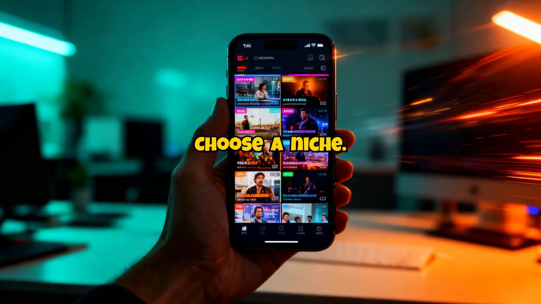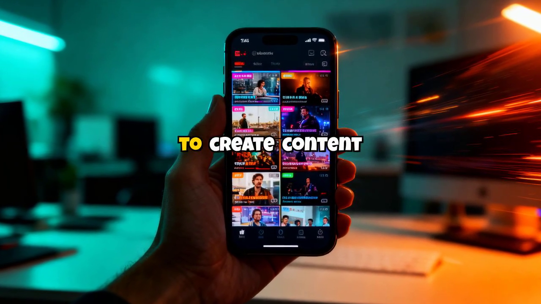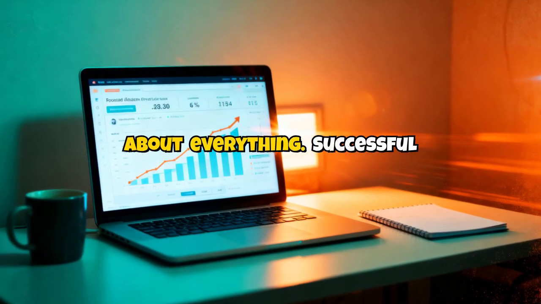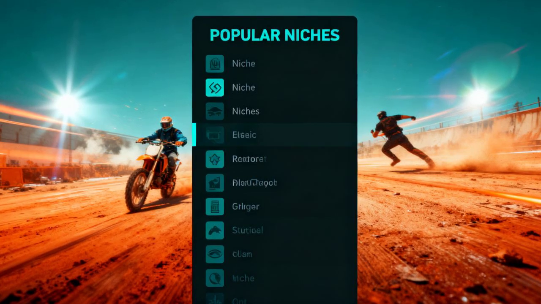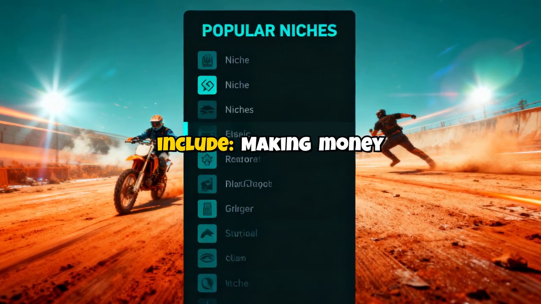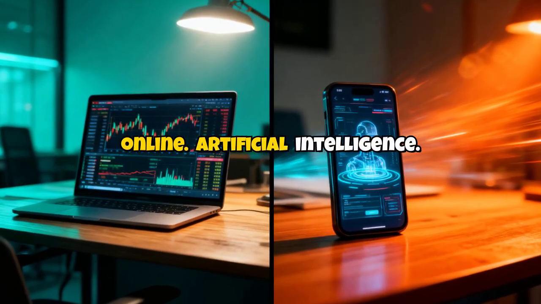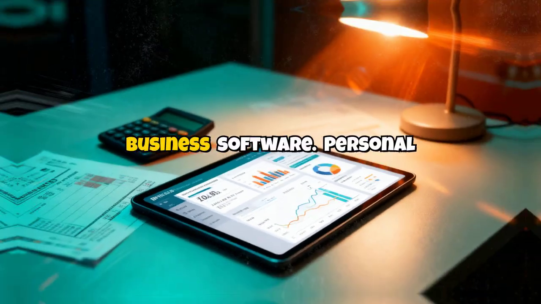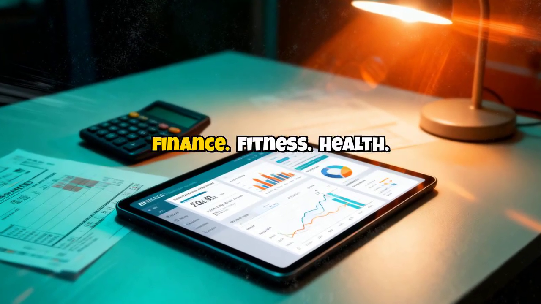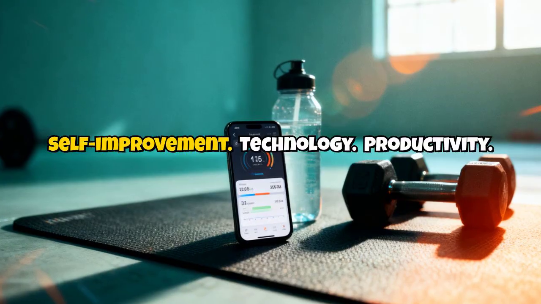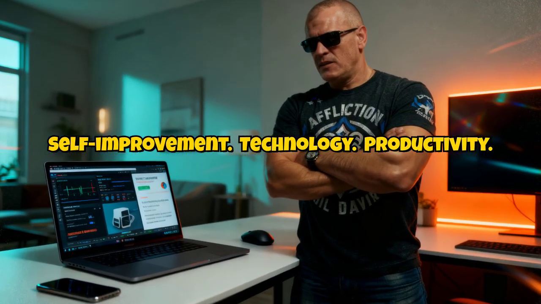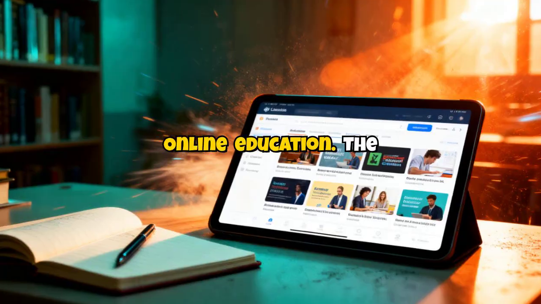Choose a niche. Many beginners fail because they try to create content about everything. Successful affiliate marketers focus on specific audiences. Some popular niches include making money online, artificial intelligence, business software, personal finance, fitness, health, self-improvement, technology, productivity, online education.